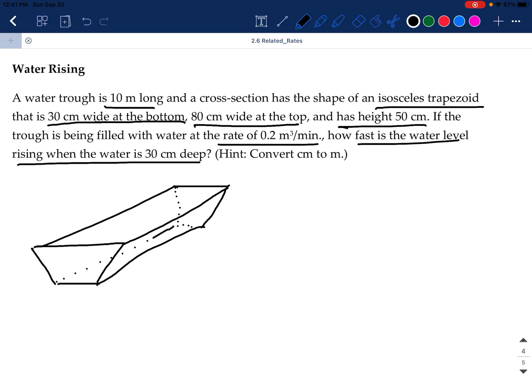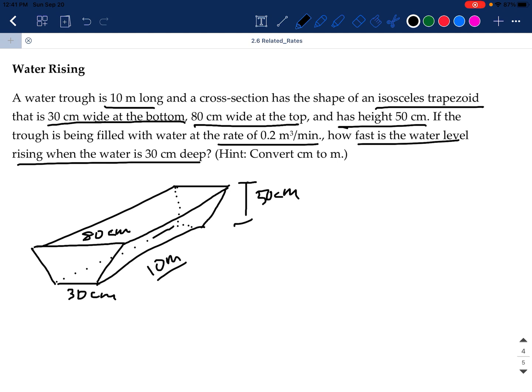Let's clean it up a bit. Okay. And note we're filling it with water, but we'll note those dimensions. So we've got 30 centimeters on the bottom, 80 centimeters on top. The height is going to be 50 centimeters, and then it's 10 meters long.